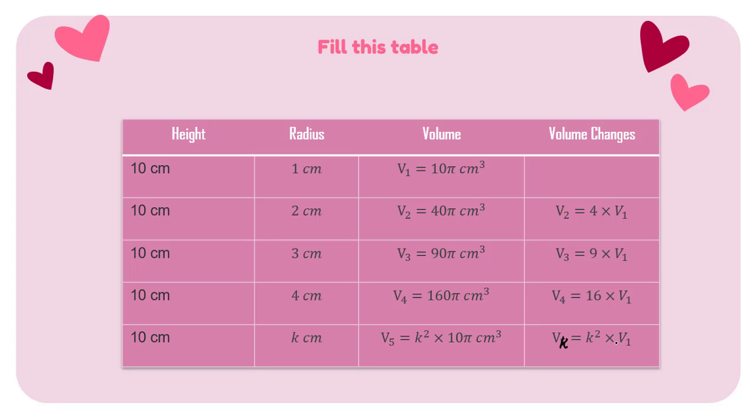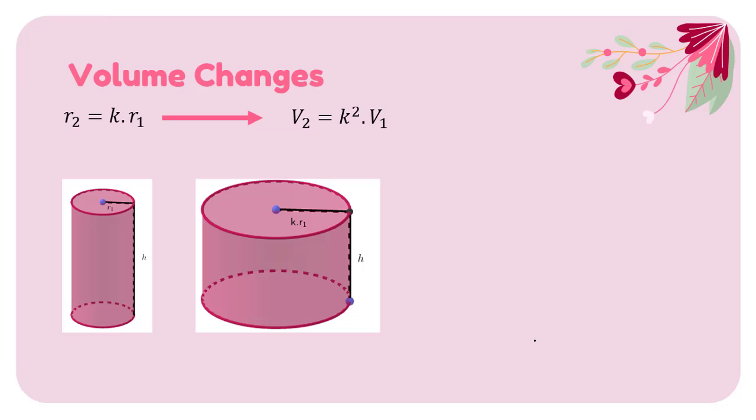This is how to find the volume change. So from the table, we can find out together, if we change the radius of the cylinder, of course, the volume will be changed into k squared times the first volume. Now we can prove it mathematically as well.